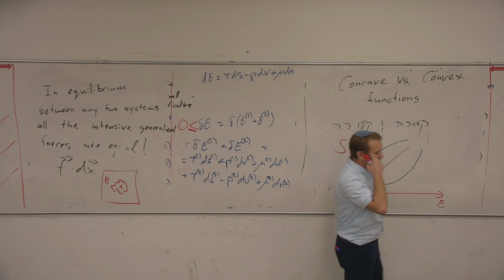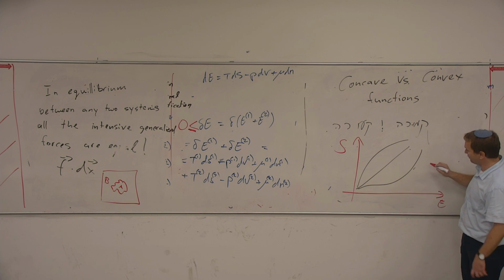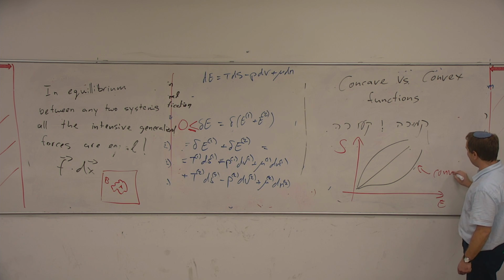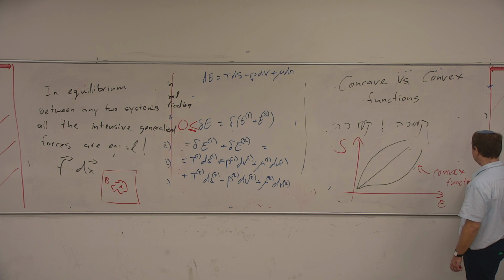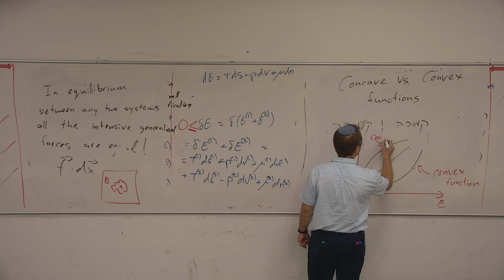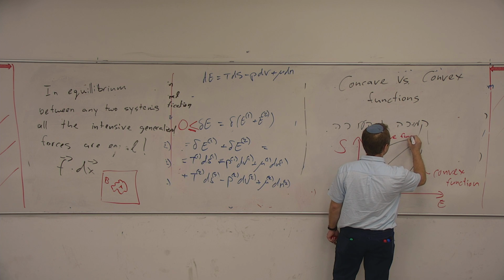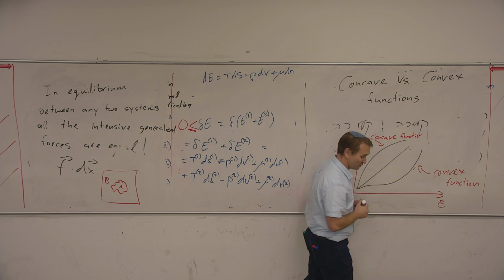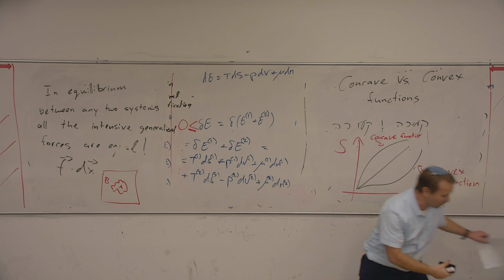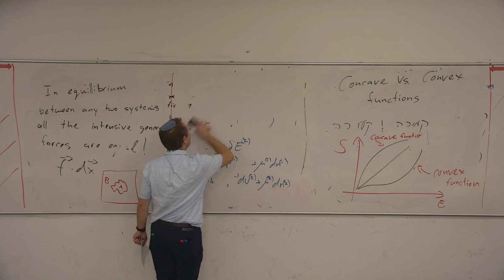There are monotonically growing functions, but there is a big and crucial distinction between a convex function and a concave function. Let's make the distinction. No one knows?